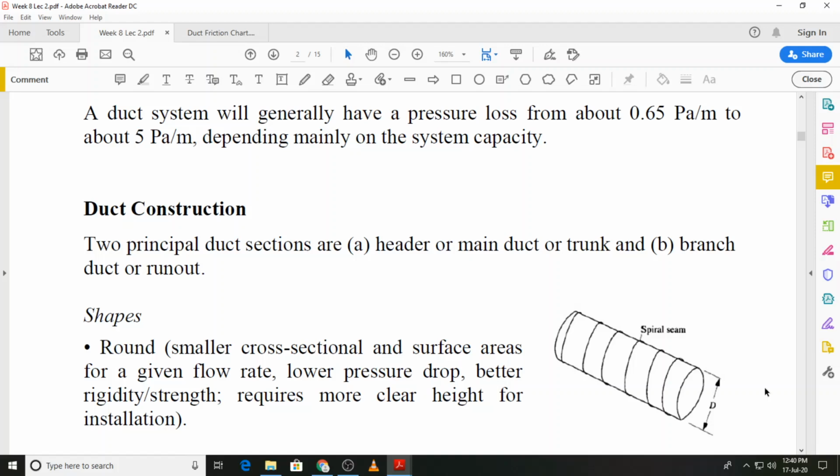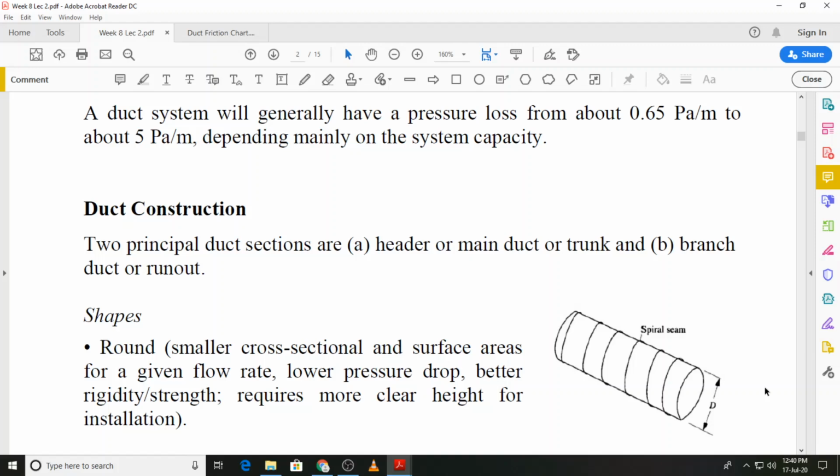One is the header or main duct, and the other are branch or runouts. So we have branches which take off from the header or the main duct, and then they are connected to the diffusers in the respective spaces in the zone.